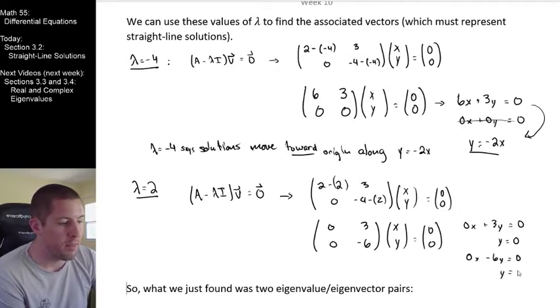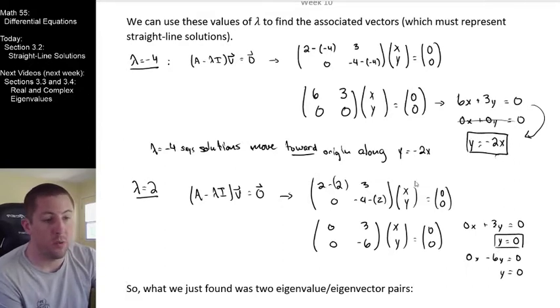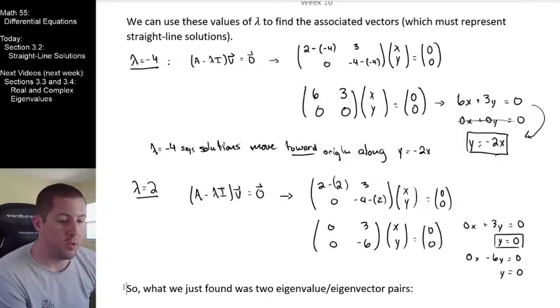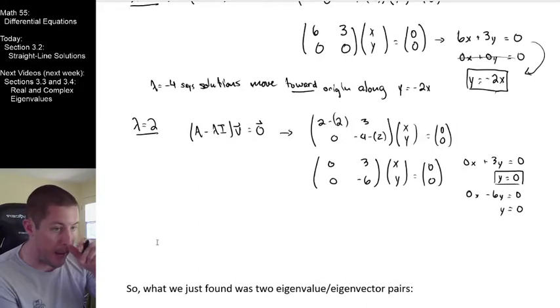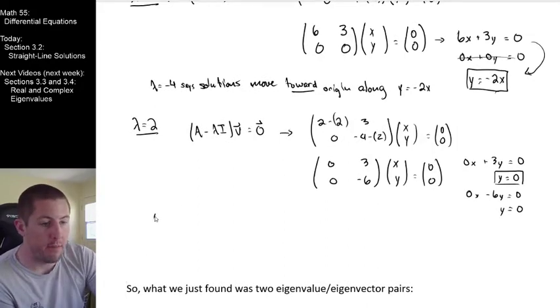This is also going to tell me that y is equal to 0. So it looks like y equals 0 is going to be the line upon which we're going to expect to see solutions grow. Because that lambda is 2, that's going to represent a positive number that is going to indicate growth along that line right there. And so lambda equals 2 says solutions move away from the origin along the straight line y equals 0.